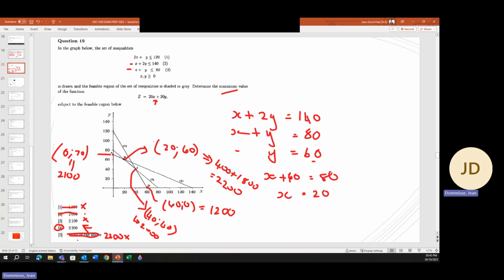Okay, so it does not always mean that the biggest value in the answers is also the one that will maximize the value. So just be careful that they don't trick you by giving 3 or 4 numbers, and then the biggest number might not be the number that maximizes the function.